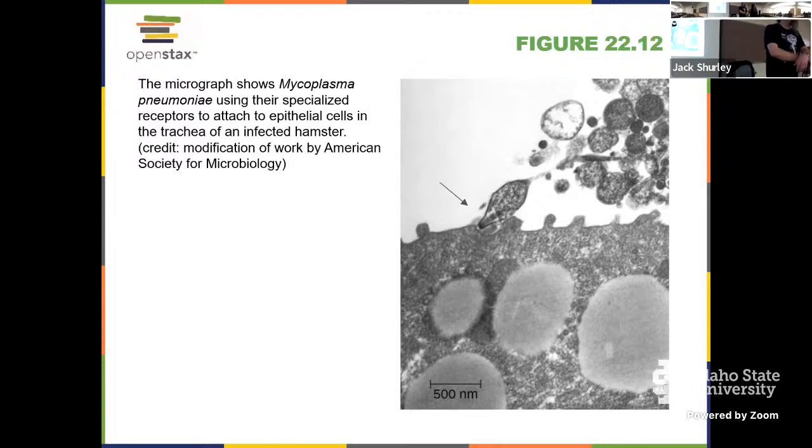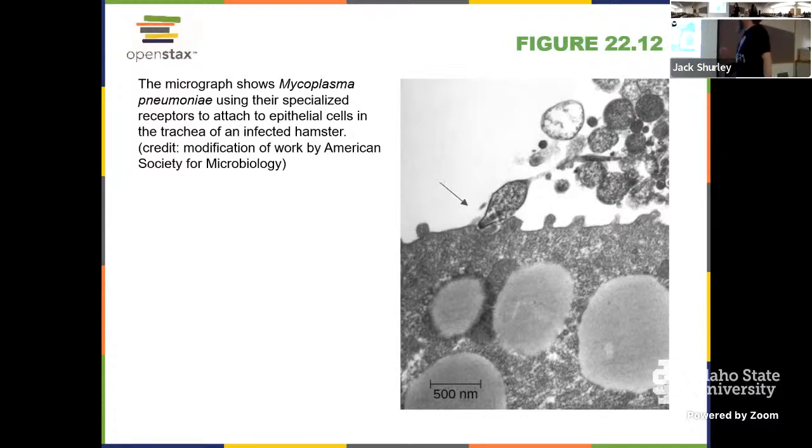Mycoplasma is different and it lacks a cell wall. It doesn't have a gram reaction because there's no peptidoglycan to pick up that stain in the first place. We need to look at it differently, and some negative staining allows us to visualize it because there's no cell wall.